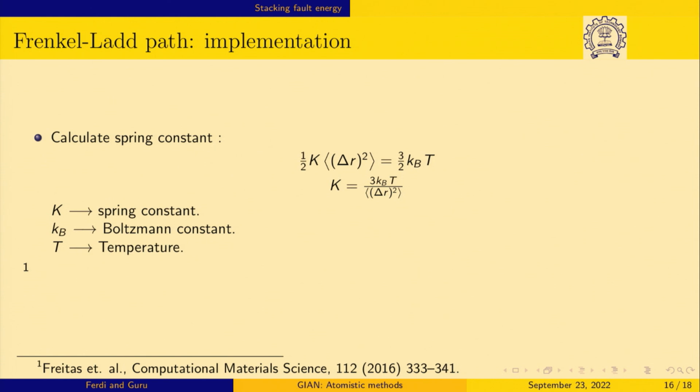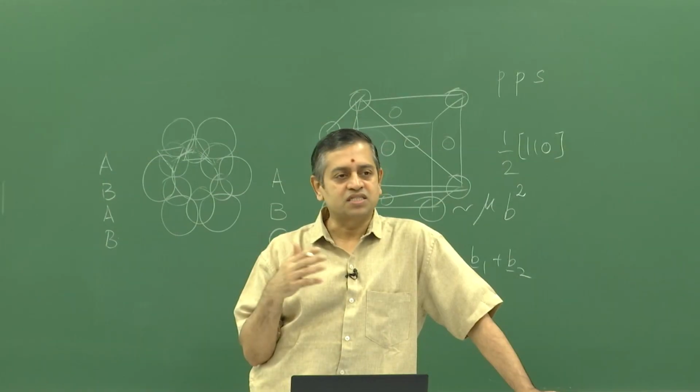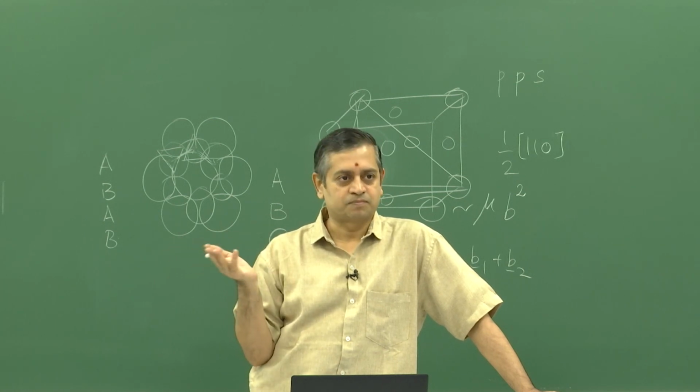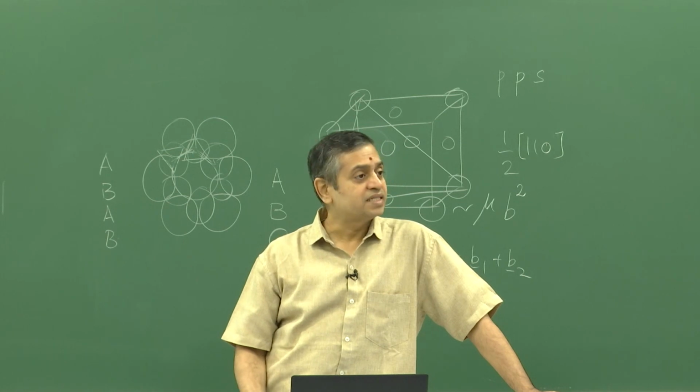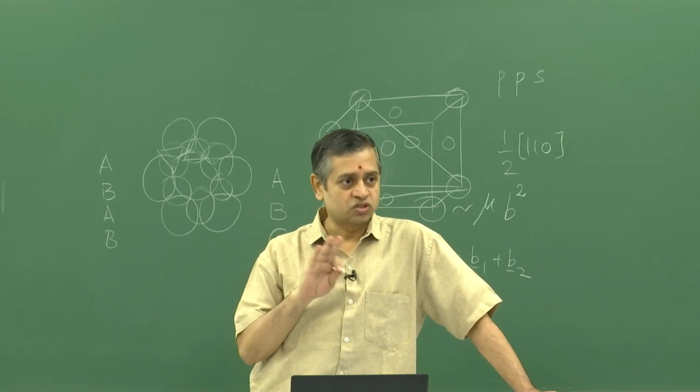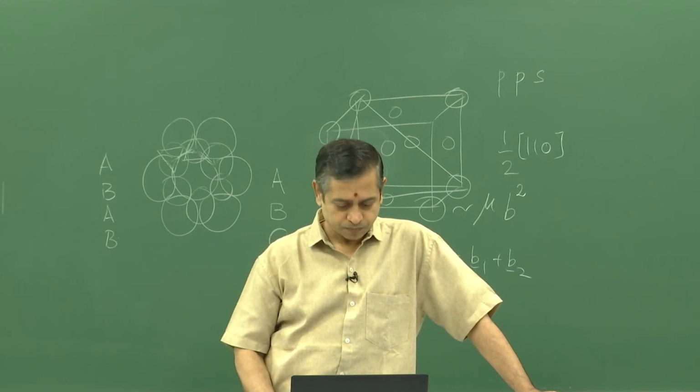You take your system and do the mean square displacements by running some equilibration simulations, and use that to calculate this and use it for the Einstein crystal to begin with, so that the spring constant is quite close to the real spring constant of the system. And I think this is also one of the key parameters that we manipulate and do trial and error on to make sure that we get the right results.